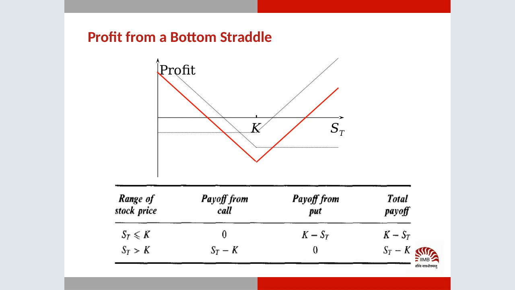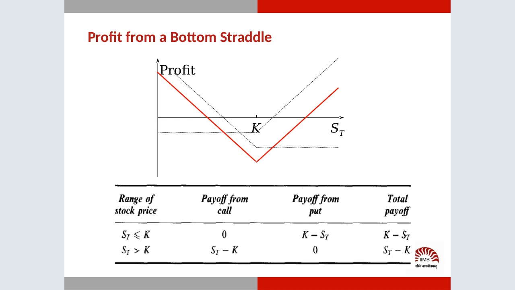So what is the market view here? There are two market views that get combined, and that is what you're protecting yourself against. A, the price will not remain around K. If you're buying the bottom straddle, your market view is that the price will not remain range bound.